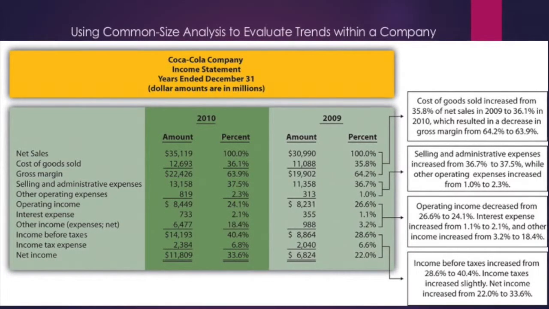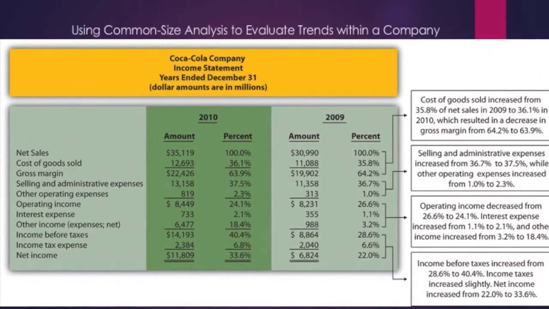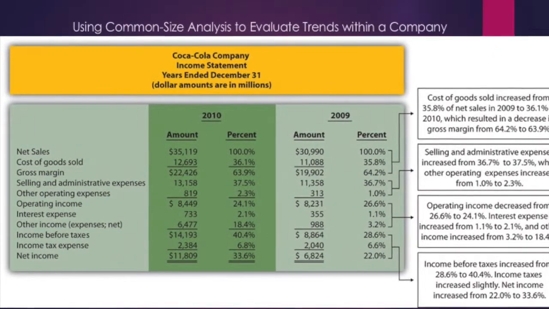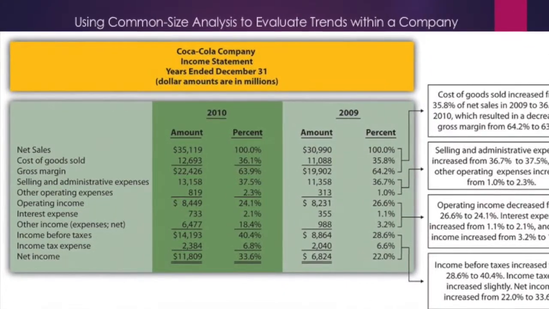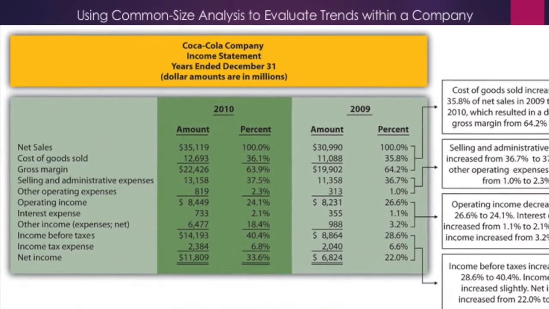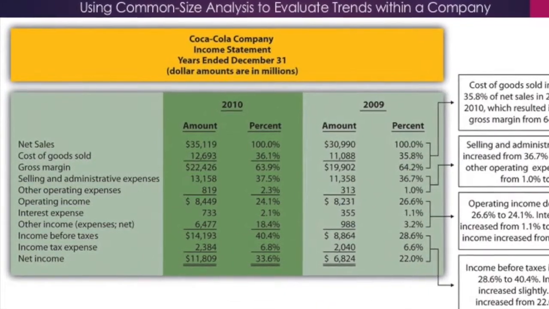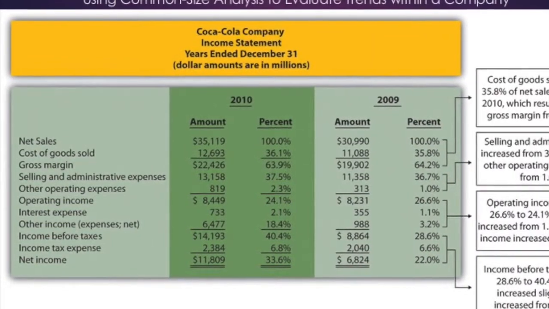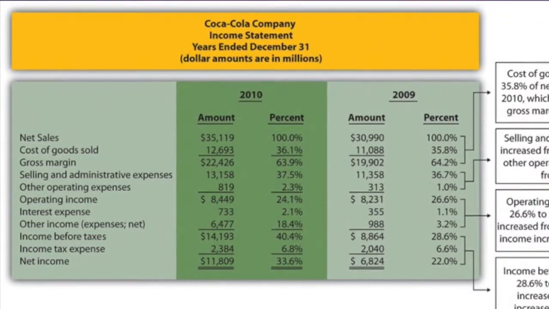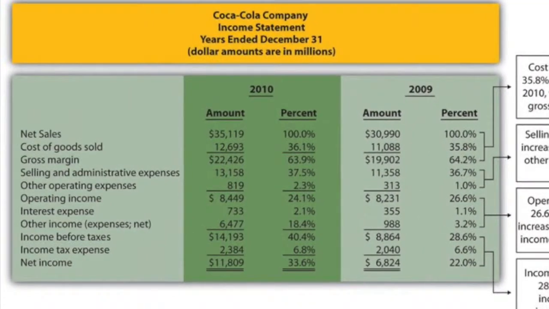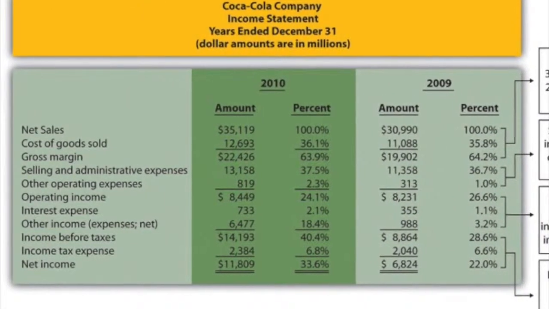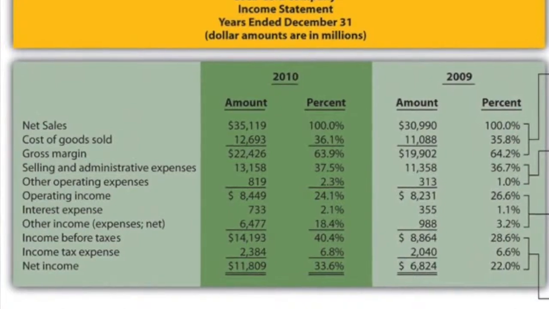This is the income statement of Coca-Cola Company. As we look closely, the net sales in 2010 was $35,119. The cost of goods sold was $12,693. Using a common size analysis, I would take all the items divided by the net sales.